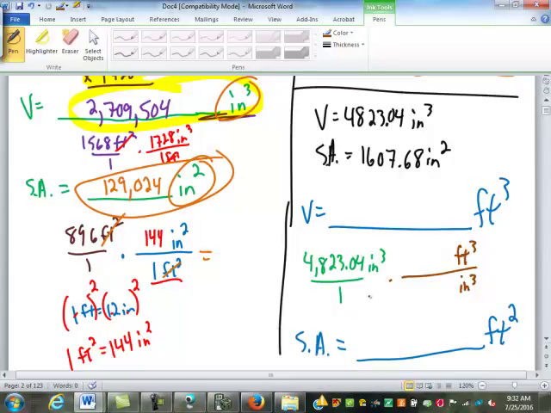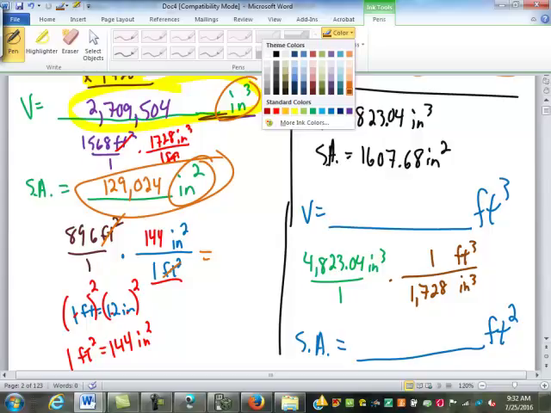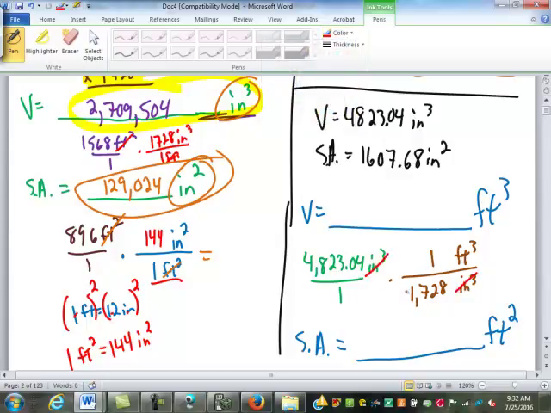So for the first one, our cubic inches into cubic feet. Now it's still 1 cubic foot is how many cubic inches? 1,728. Cubic inches cancel out. Now since it's on bottom, I'm going to shorten this up.